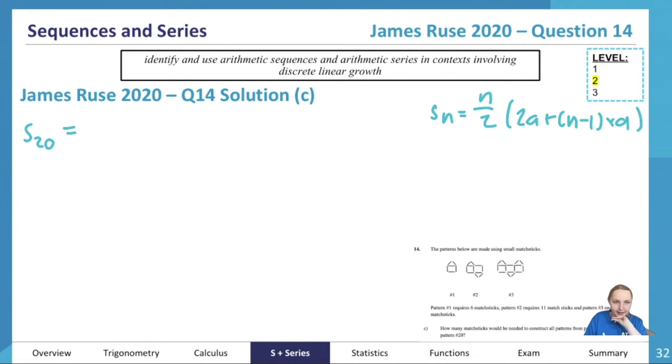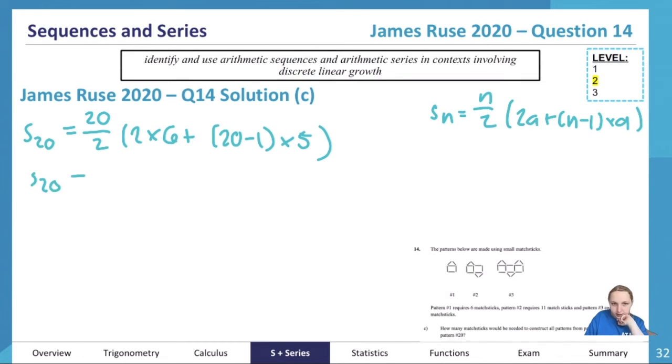So we get S20 is going to be equal to 20 on 2 times (2 times 6 plus (20 minus 1) times, what did we say d was? 5). Then from there, let's put that in the calculator: 2 times 6 plus 19 times 5, times 10, is equal to 1070.